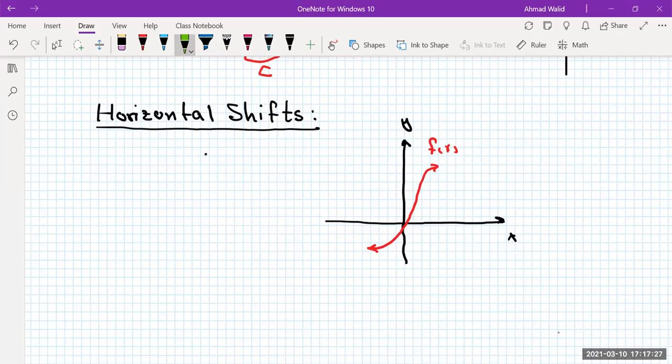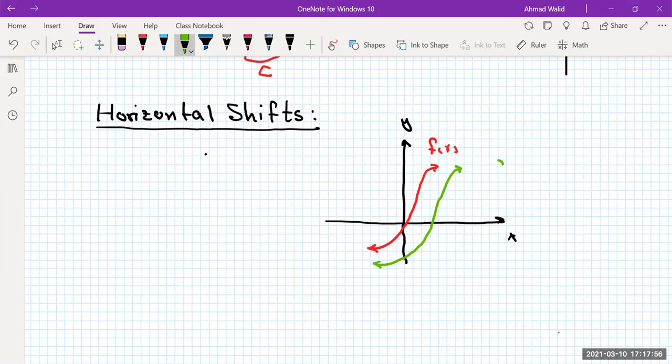If I shift my function C unit to the right or C unit to the left, we call this a horizontal shift. For example, if I move this function C unit to the right, correct?